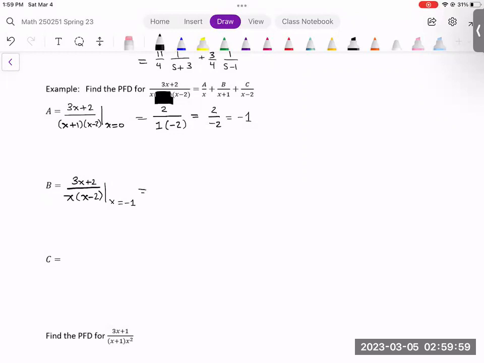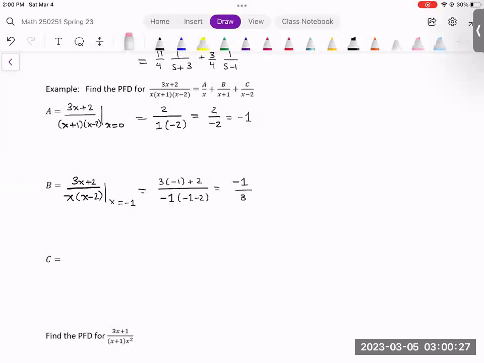And we're going to evaluate where x equals -1. So we have 3 times -1 plus 2 over -1 times -1 minus 2. Okay. So this gives us -1 over -1 times -3. So 3. Okay. So b is -1/3.